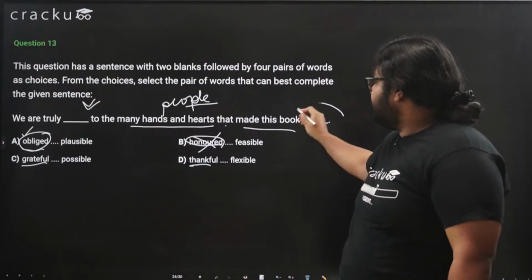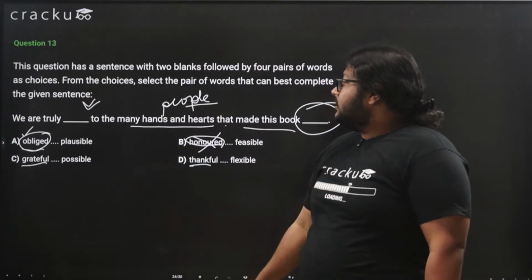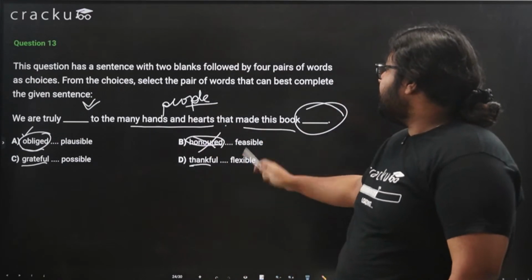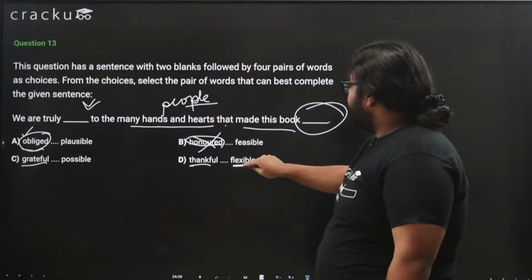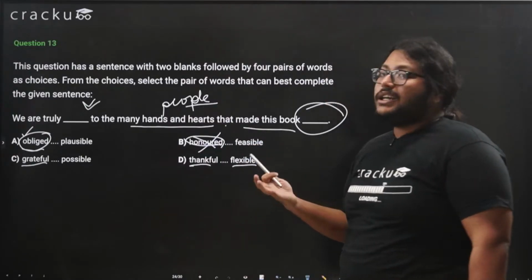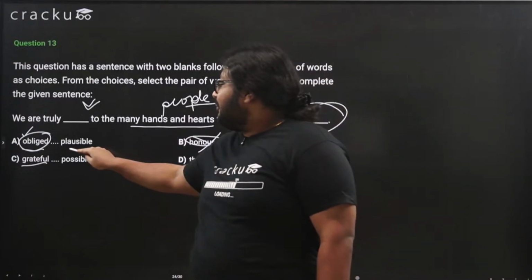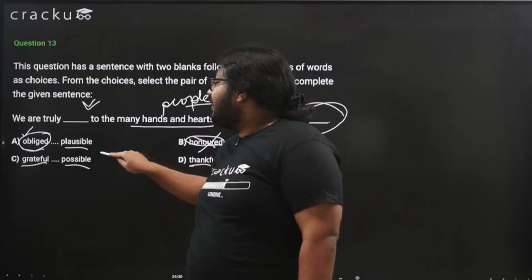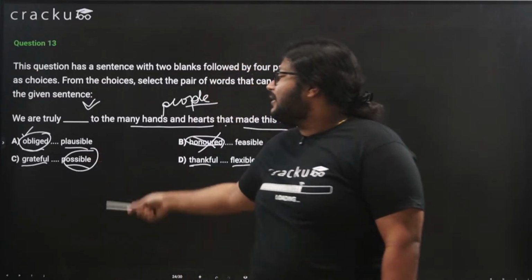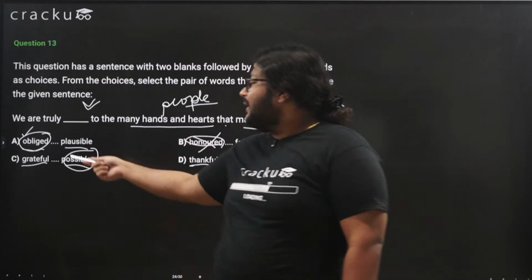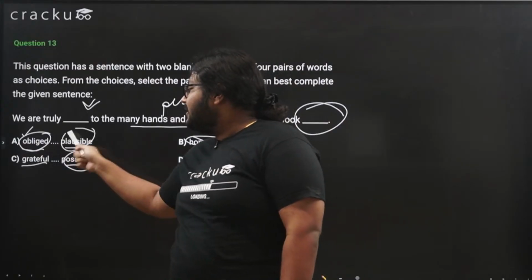So it all boils down to this second blank. To the many hands and hearts that made this book flexible. How does a book become flexible? The others are plausible and possible. Possible makes the most sense, because with plausible, we are obliged to have made this book plausible.